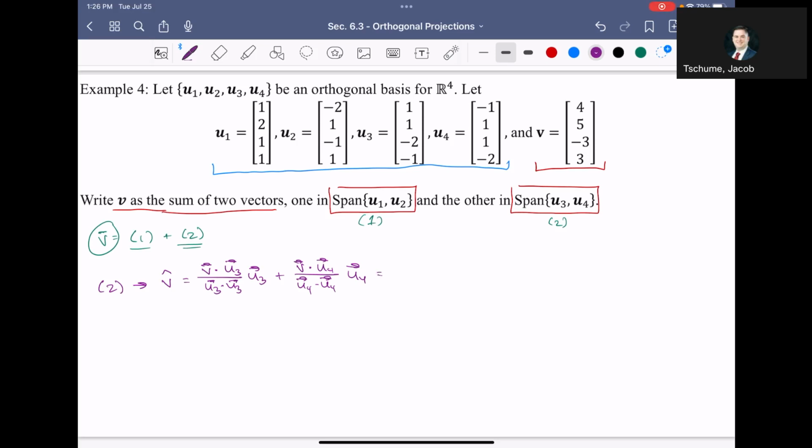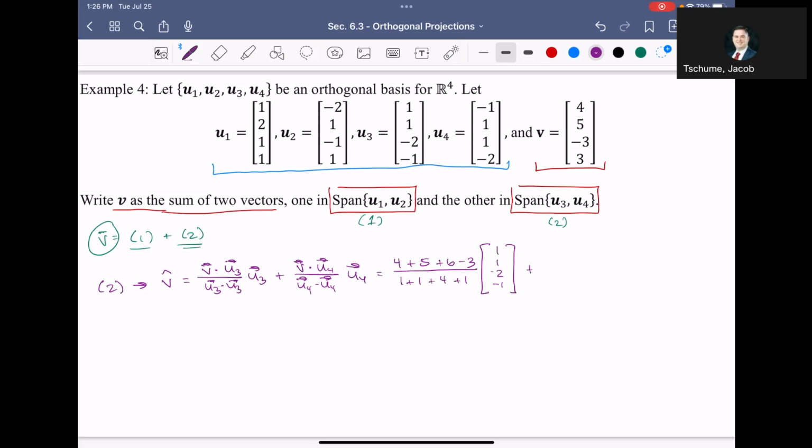So doing your inner products here, you should end up getting, let's see, v times u3. That's going to be 4 plus 5 plus 6 minus 3 over 1 plus 1 plus 4 plus 1 times u3.